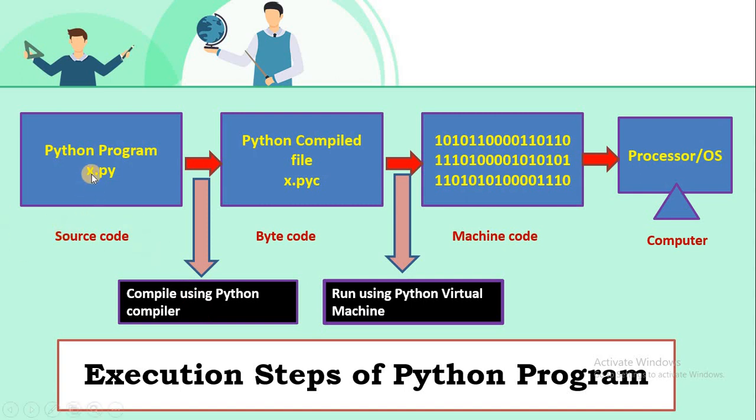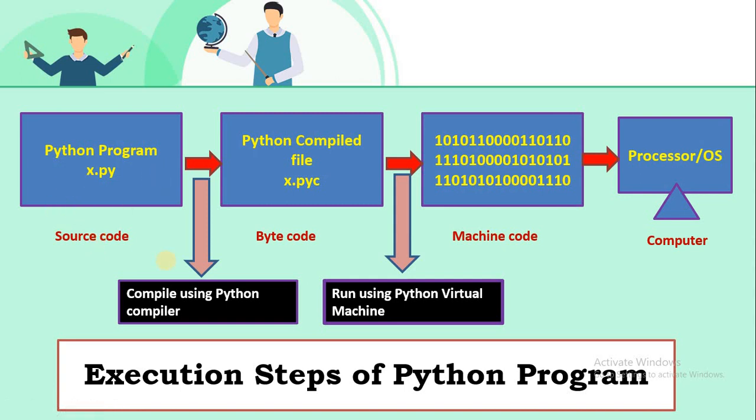See this. So this is our program. We must store our Python program with the extension .py. In this example, x is a file name, x.py. This is generally called source code. What is the file we have created? What is the code we developed?